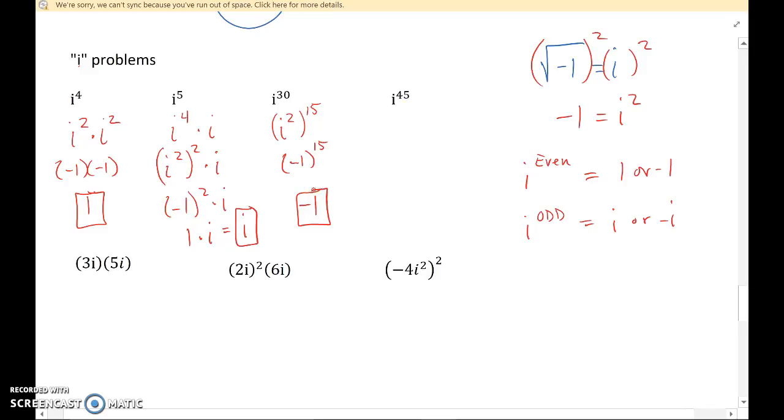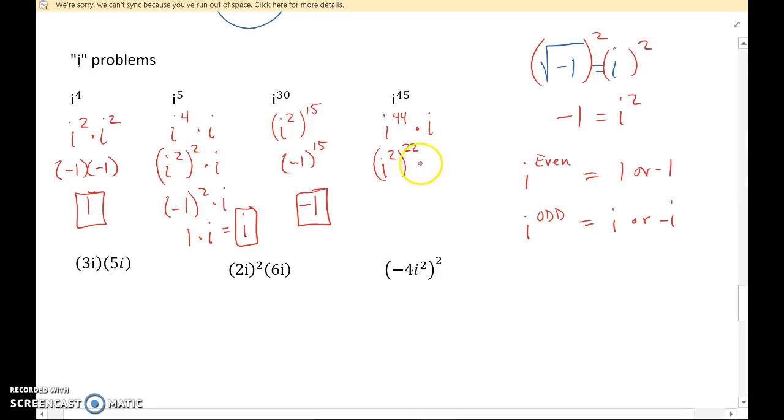Now, 45, we're going to take 1 off of it and have 44, i to the 44 times i. That's why the answer is going to be i or -i in the end. It's all dependent on i to the 44. Well, i to the 44 is i squared to the 22, and the 22 comes from 44 divided by 2.